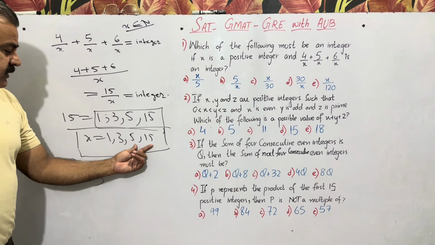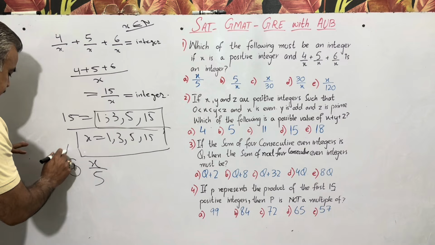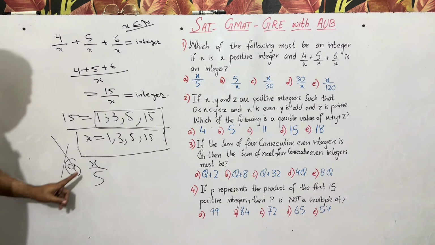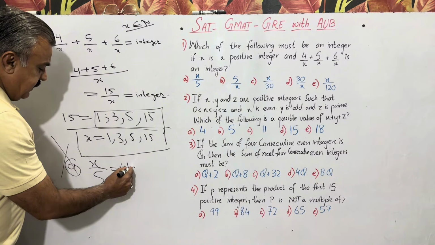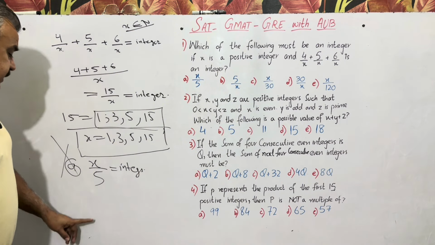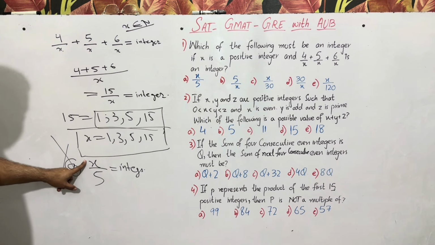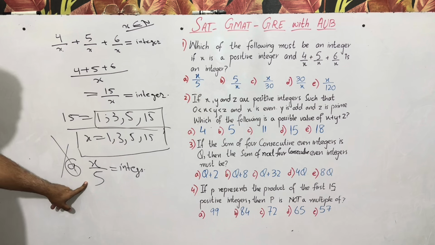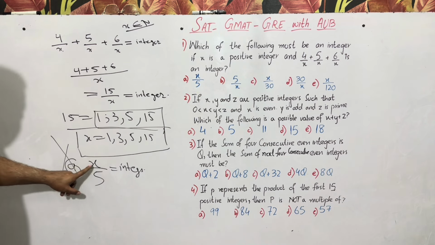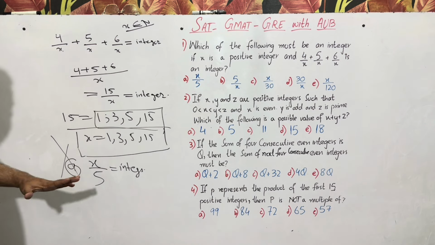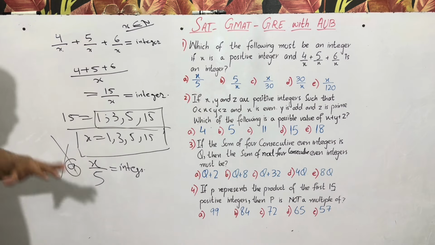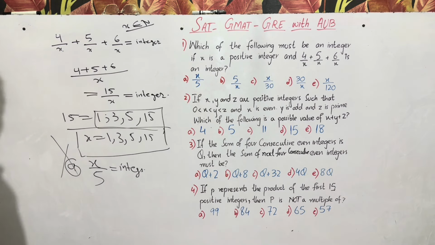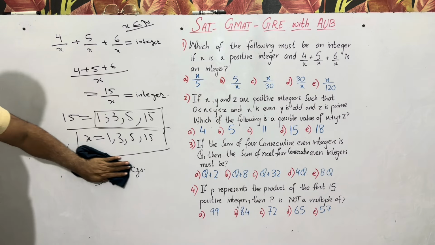In the latter two cases, 5 and 15, it will give an integer. But overall, x upon 5 is not always an integer, so do away with this possibility.